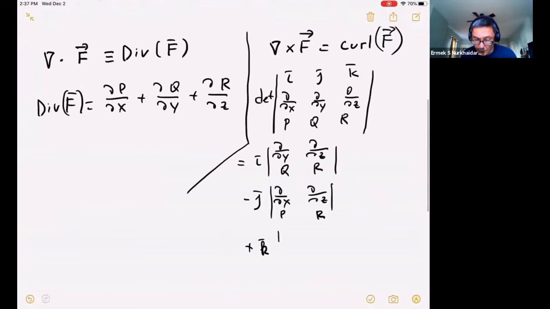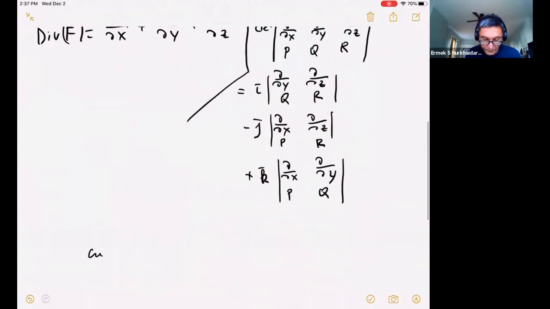And k will be the last one: derivative with respect to x of P, derivative with respect to y of Q. And then we calculate 2 by 2 determinants.